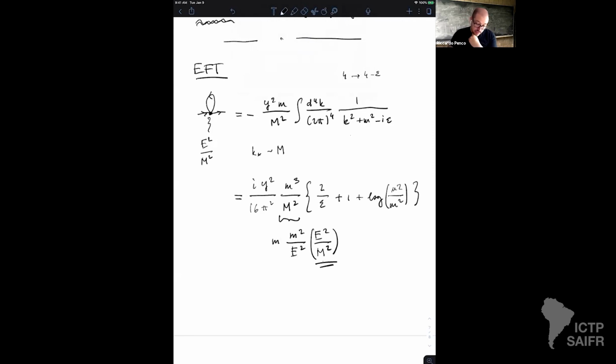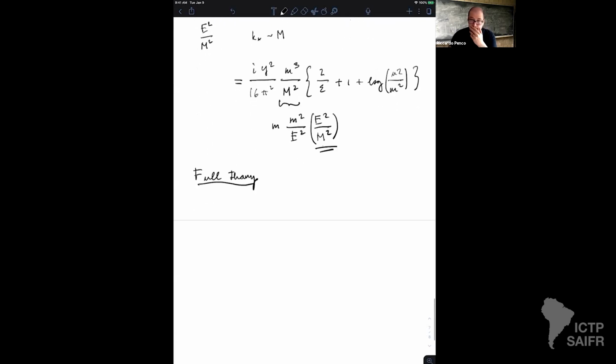Very good. So this is the loop diagram in the EFT. Now let's check what we can write down in the full theory instead, and let's compare the two things. Now, in the full theory, you have two diagrams that you can write down at one loop.